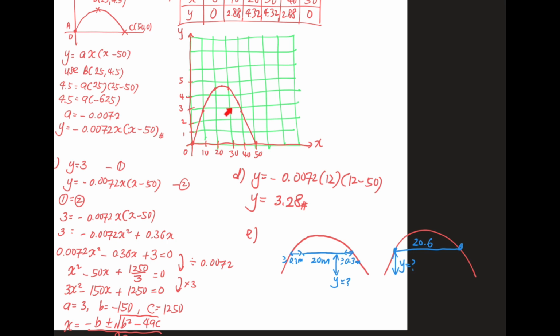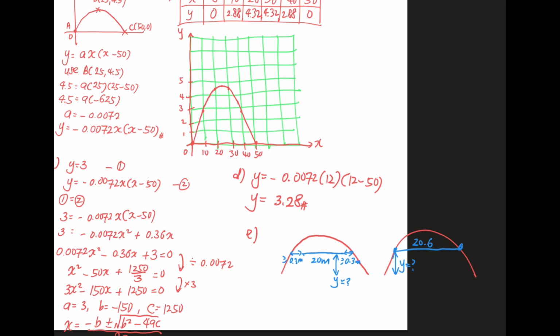If you are using graph paper, you just find out where is 20.6, around here, and then you can read the y, the height. That is basically how it works. We need a graph paper to help.